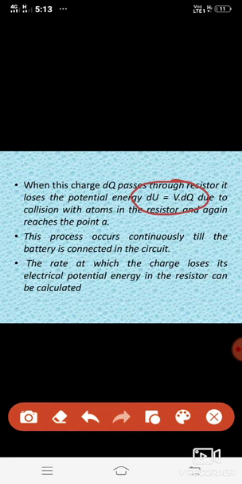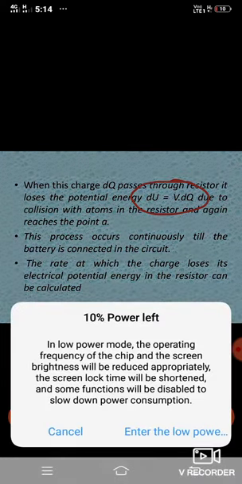When it passes from C to D, it is connected with the resistor, so the charge loses energy because it collides with atoms in the resistor. When it reaches point A, it gains energy again and continues through the electrical circuit. This process occurs continuously as long as the battery is connected in the circuit.